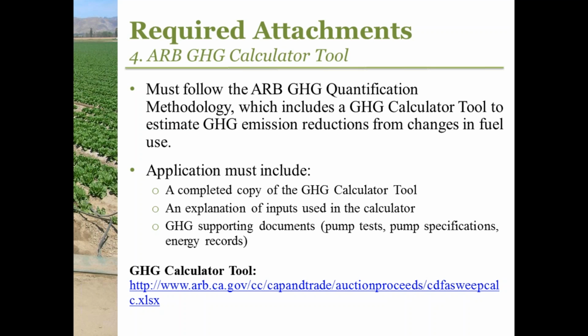It's on the attachments tab. And then an explanation of the input that you use in the calculator, and then that greenhouse gas supporting documentation, which is the pump test, the pump specification, and the energy record. You can find that information on the link. It's also on our webpage, and I'll point you to that when we get to that section.